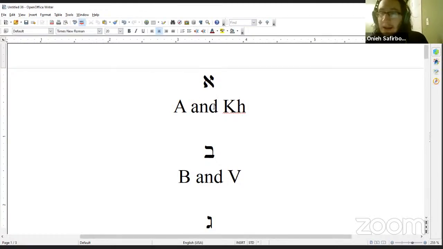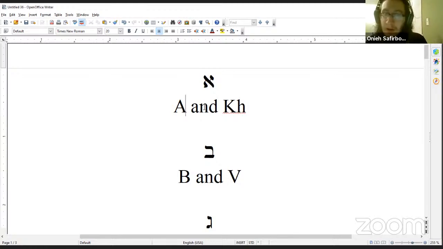The way it typically works in Hebrew is that when you have a vowel letter prior to another vowel letter, it makes that prior vowel letter into a consonant sound. So if Aleph was to precede a Wa, the letter Wa or the letter Yod, it would have a KH sound prior to it.